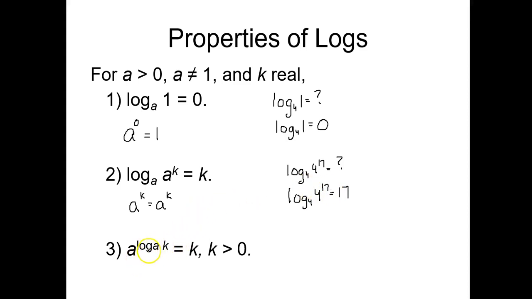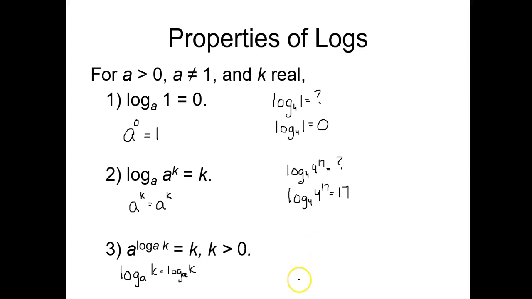And here, a raised to the log base a of k equals k. If you rewrote it in logarithmic form, log base a of k equals log base a of k. Oh, okay. As long as k is greater than 0, which has to be here because k is the argument in the log.